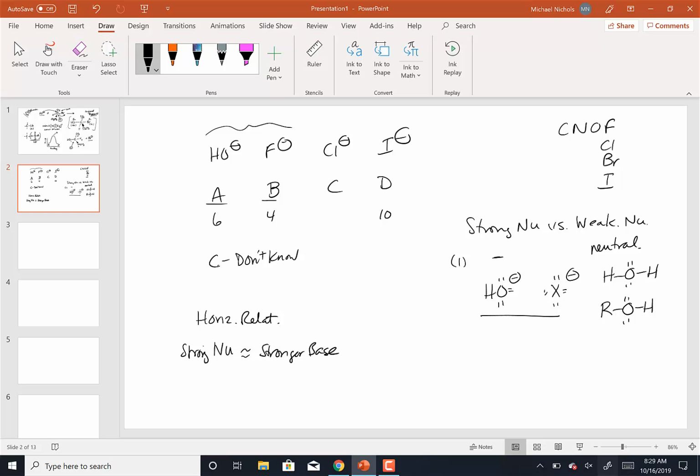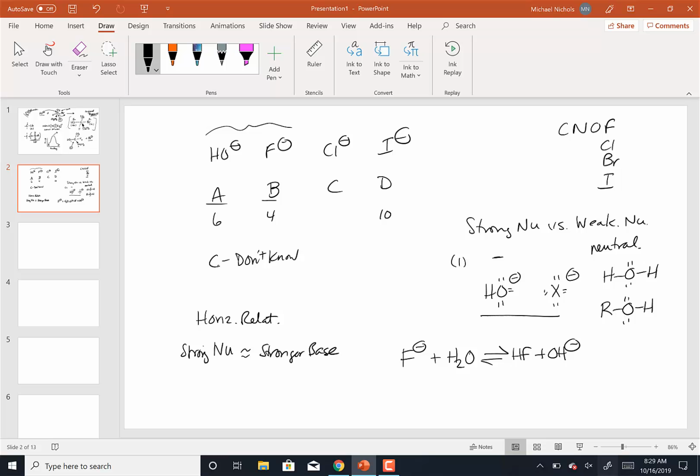If you skipped a year, it's going to be a long way away. But if you look back in your memory, you would remember that F- is one of those bases that, when you react it with water, is in an equilibrium with HF and hydroxide.